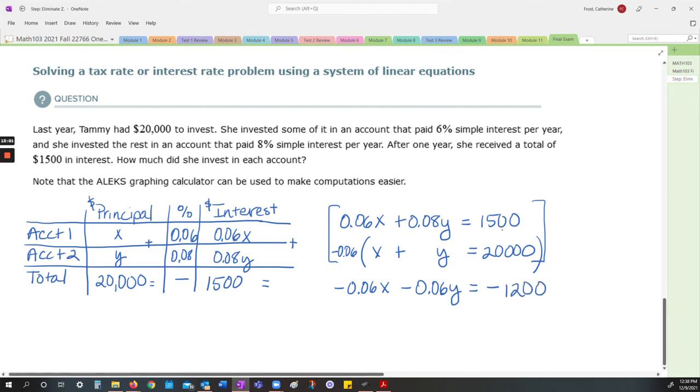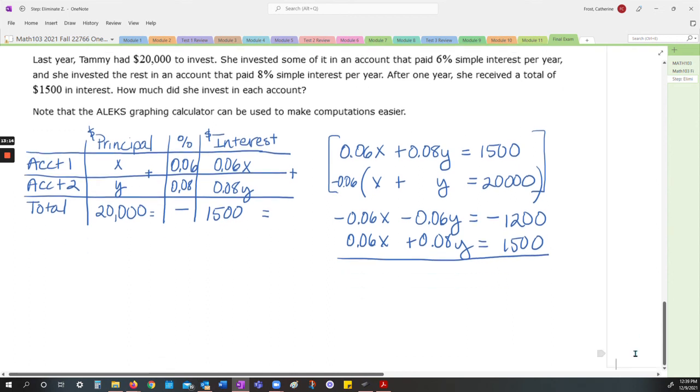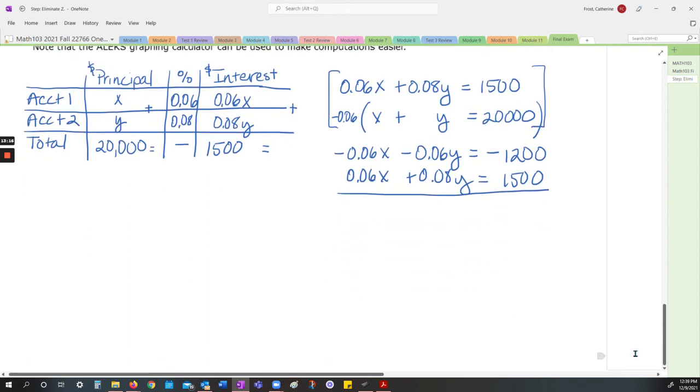And then let's line up that first equation, 0.06X plus 0.08Y equals 1,500, and add these two together. So the X's eliminate, which is the intention, and we have 0.02Y equals 300.